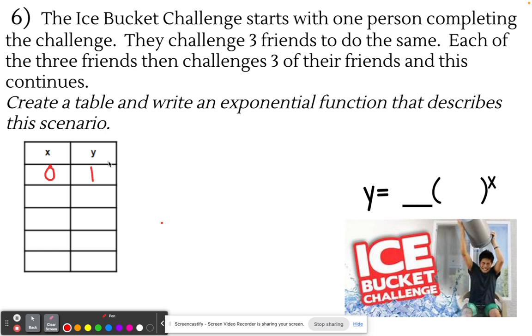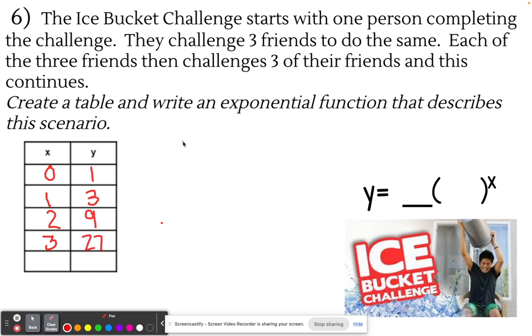I just started it. I had one person completing the challenge. And then I had 3 friends, and then each of their friends had 3 friends, and so on.